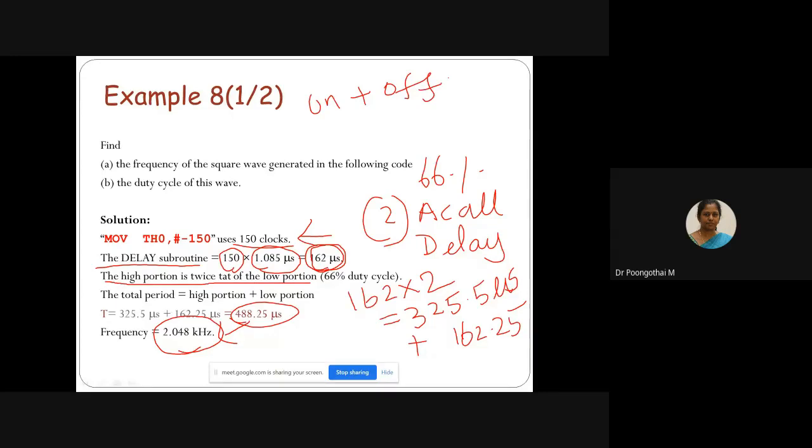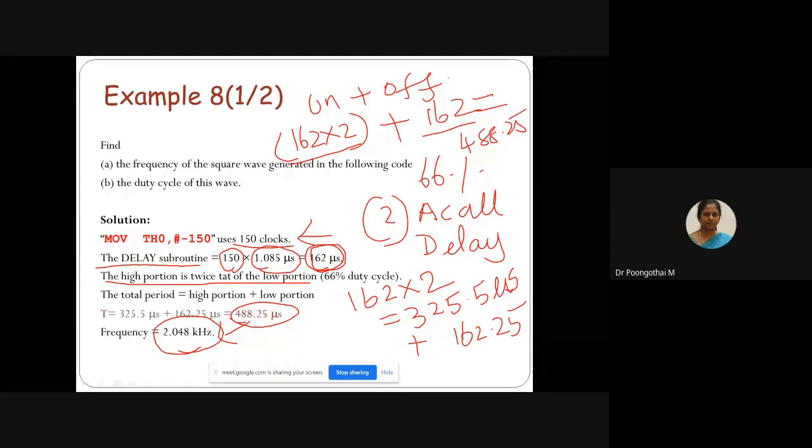So for on time, 162 into 2, 66% duty cycle. Off time 162.25. So multiply this value, add with it. So on and off added, we will get 1 time period, that is 488.25. So convert that time period into frequency, 2.048 kilohertz.